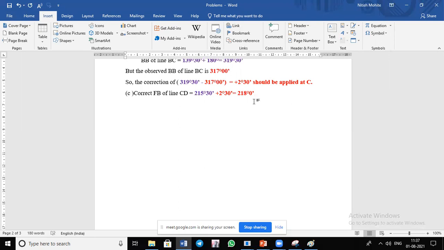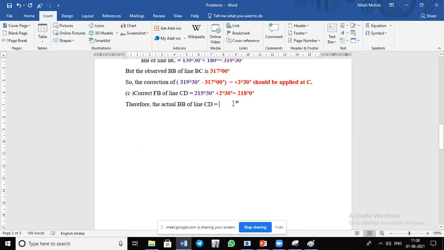And therefore the actual back bearing of line CD should be how much? As it is more than 180 degree, we are going to deduct it.